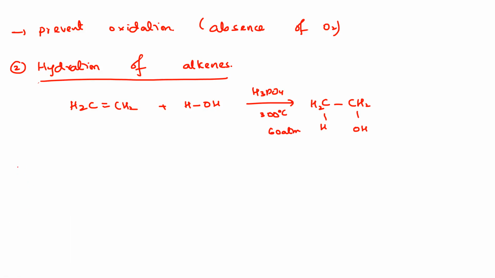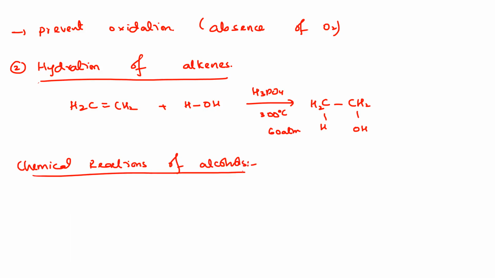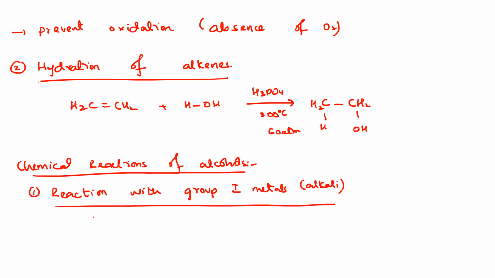Okay, so chemical reactions of alcohols. First is reaction with group 1 metals, alkali metals. We'll take Na as an example.